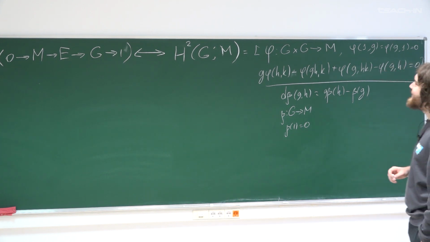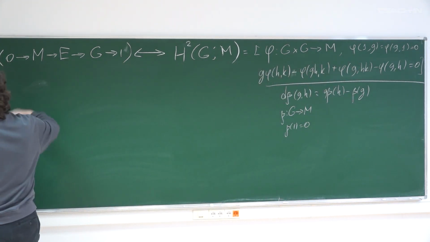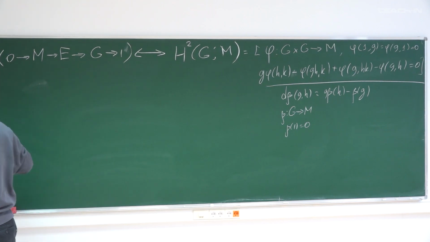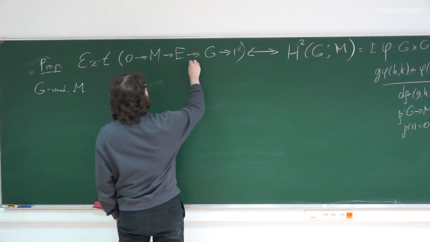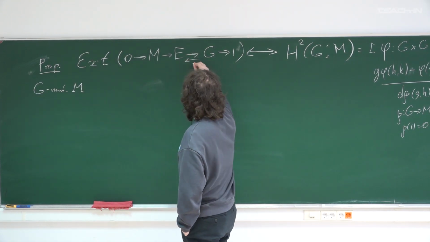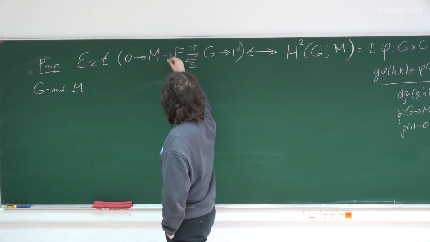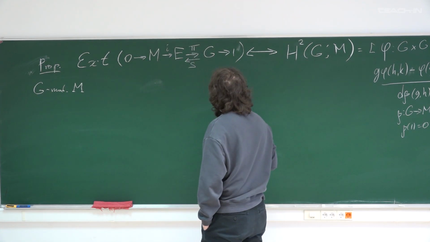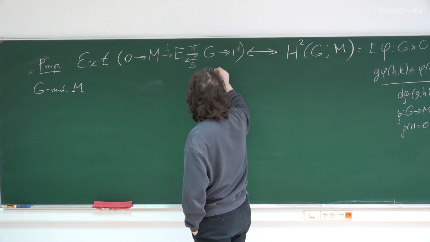But okay, so what's the bijection? If we have an extension, we can choose some set-theoretical section, because π is a surjection, with the property, for example, this property.